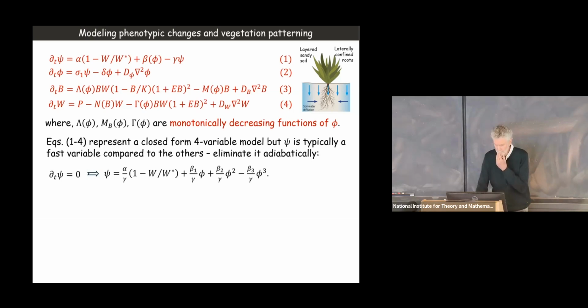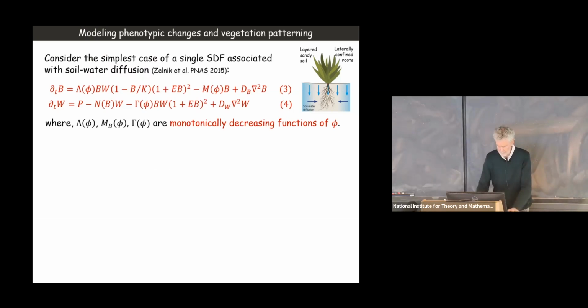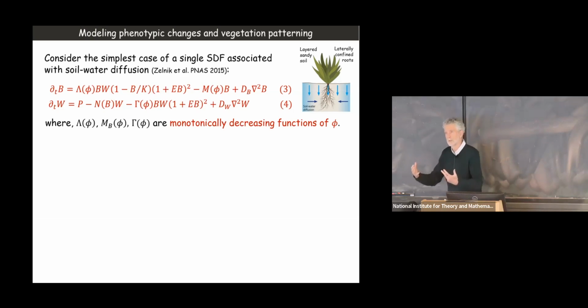And now in these equations, I want to couple them to phenotypic changes. And well, we know that when the plant changes its phenotype from intolerant to tolerant, meaning increasing the variable phi, then the plant becomes more tolerant, so its mortality decreases, but it grows more slowly also because the growth rate decreases as well.